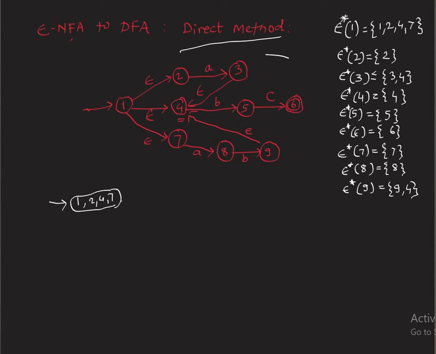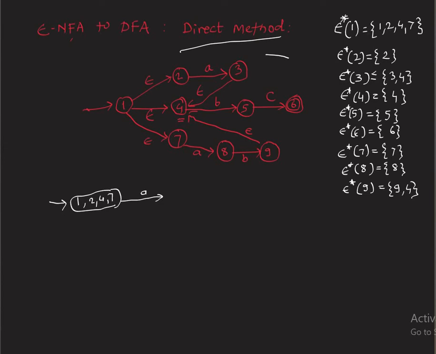Now we have got the starting state. Now we want to find out the transitions for all the inputs. Let us consider the input A. What this means is we want to find out what would happen on the input A if the input state is 1, what would happen on 2, what would happen on 4 and what would happen on 7.